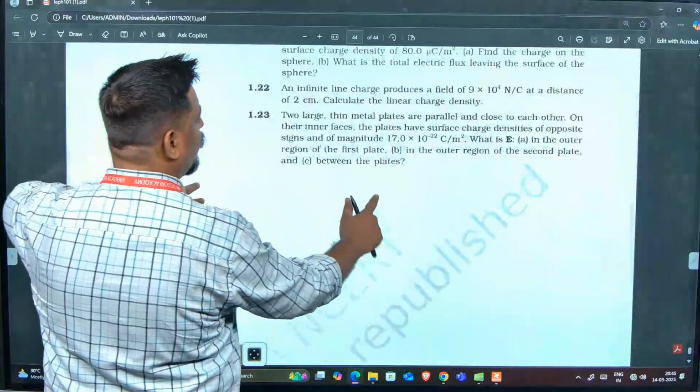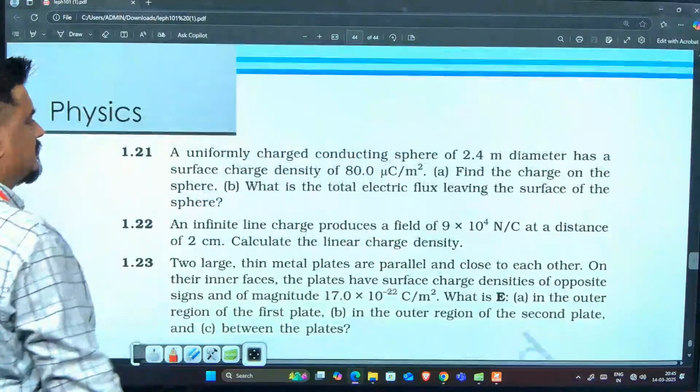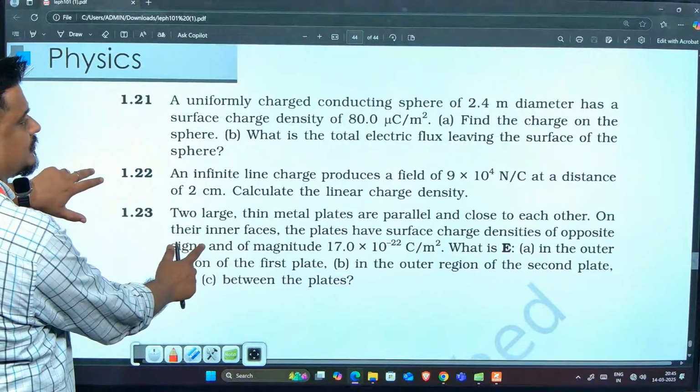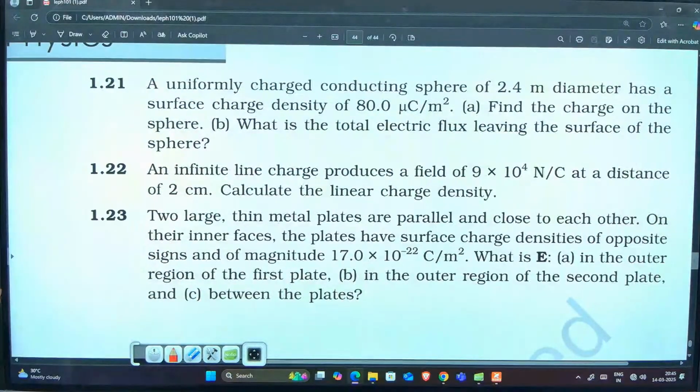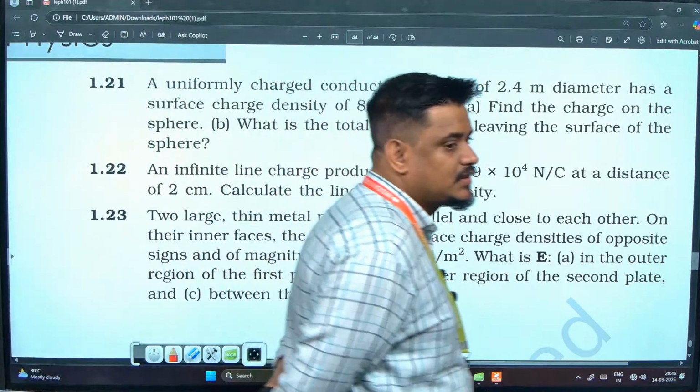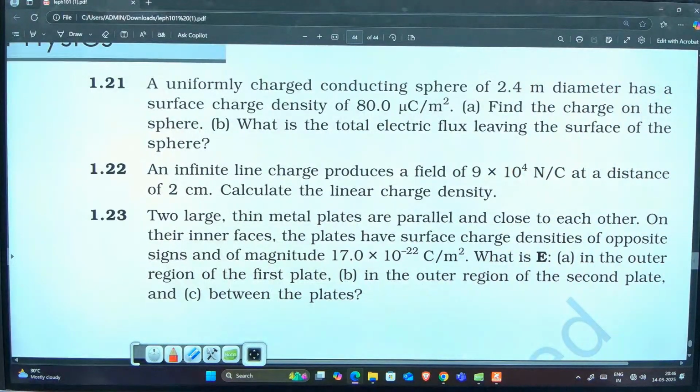This question, 1.21. Sigma is given, diameter is given.